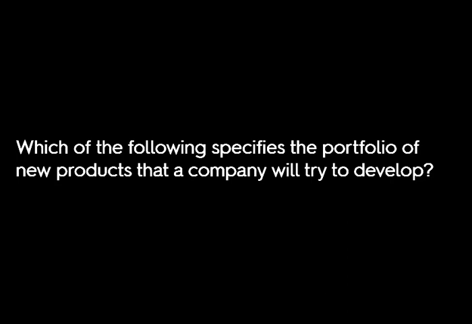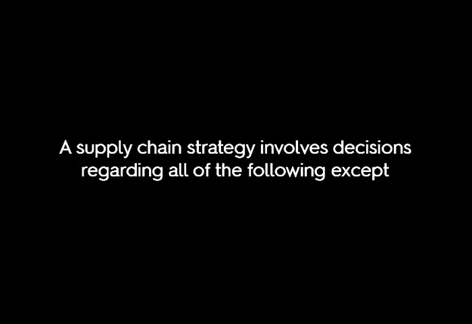Competitive strategy. Which of the following specifies the portfolio of new products that a company will try to develop? Product development strategy. A supply chain strategy involves decisions regarding all of the following except new product development.